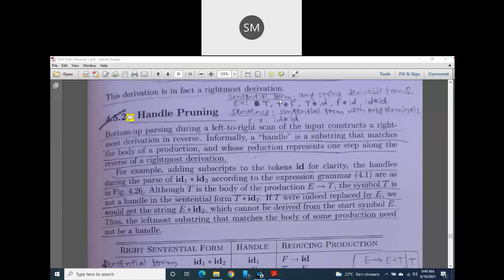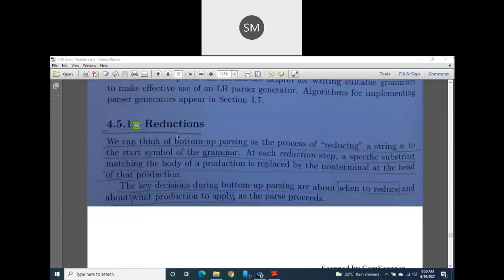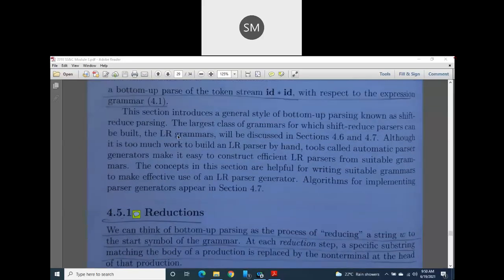So that's why I told you, every RHS is a sentential form except the start symbol. Except the start symbol means the start symbol is in LHS, but if that start symbol is repeated in RHS, then that RHS, which is a start symbol, is not a sentential form. It means that except the root node, everything is a sentential form.